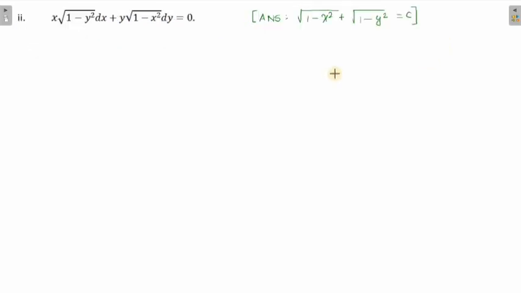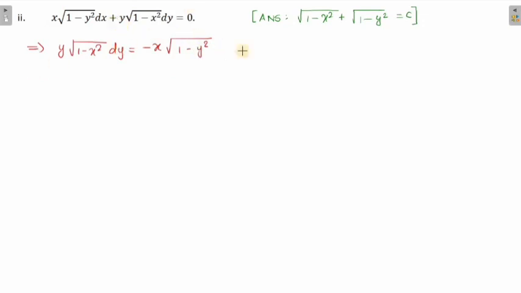Let's move to next question. So again we'll keep first dy in the left hand side, and the rest will be sent to the other side. So keep only this much out here. You get y square root of 1 minus x square dy. Now when it goes out there, it becomes minus x root over 1 minus y square dx, right?